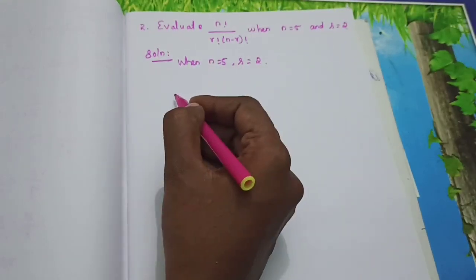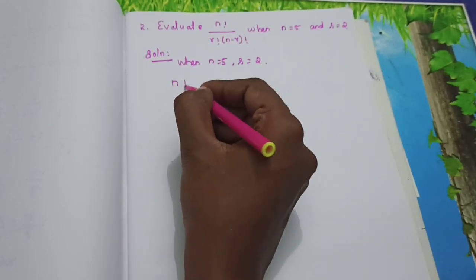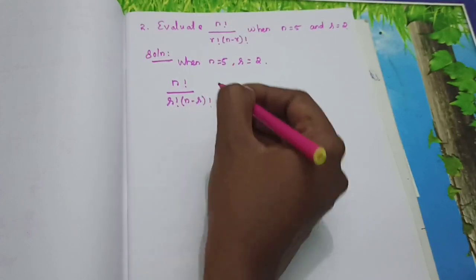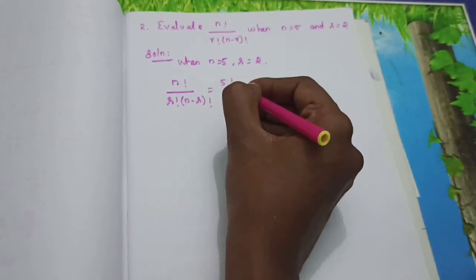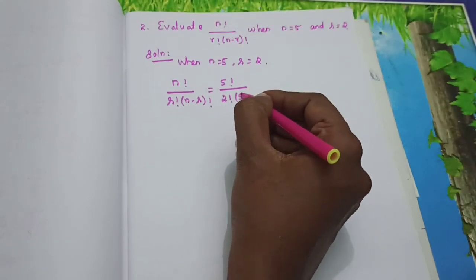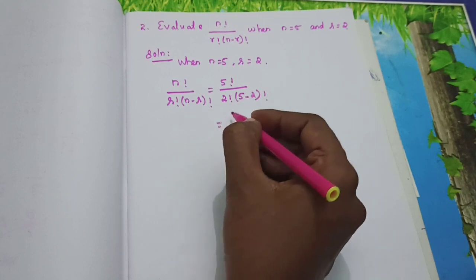So we just substitute n as 5 and r as 2, that's all. So n factorial divided by r factorial into n minus r factorial equals 5 factorial divided by 2 factorial into 5 minus 2 whole factorial.